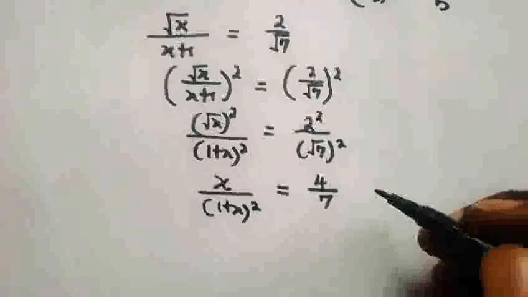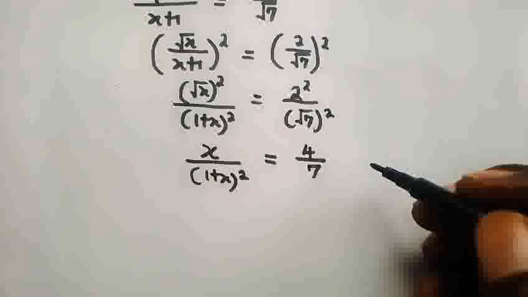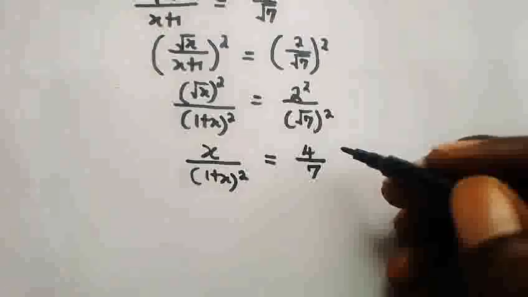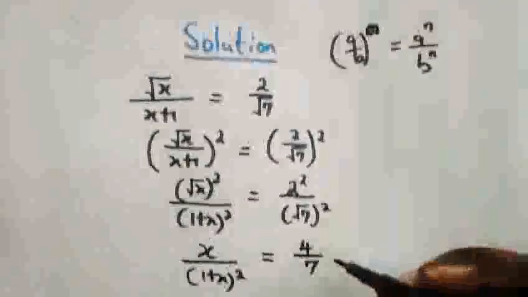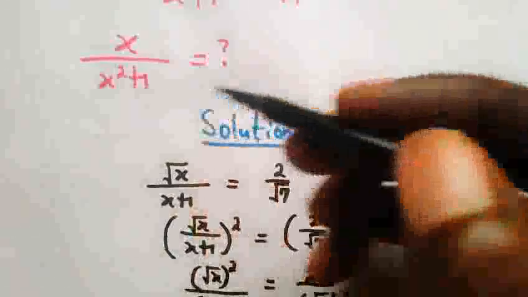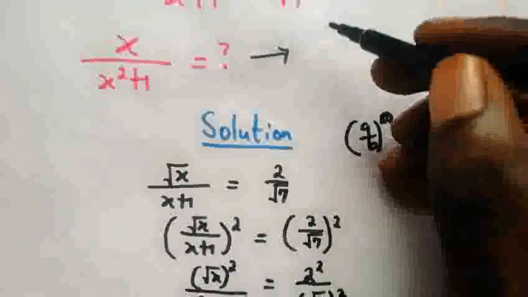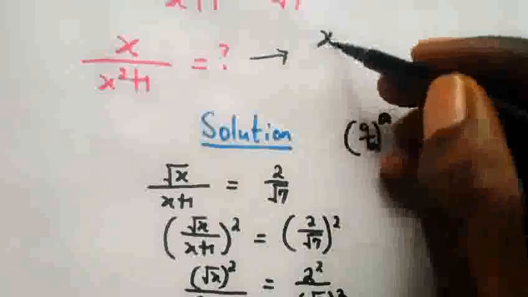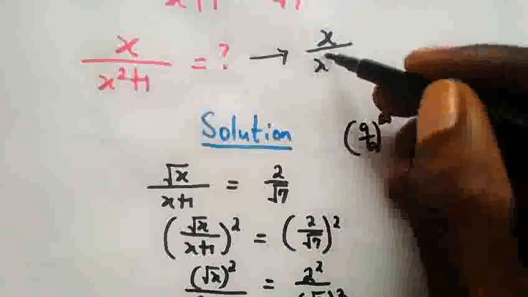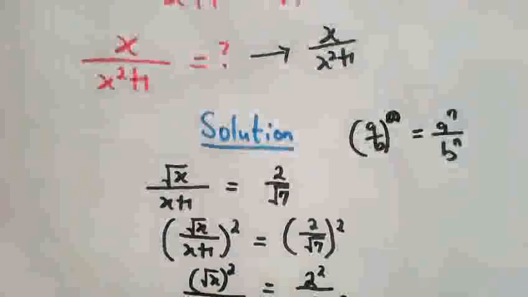Okay, now what do we do from this place? How do we get something that will look like the expression we want? Let us see what will happen when we simplify it more. I have x all over x squared plus 1.